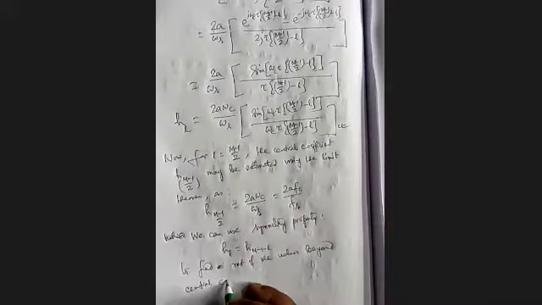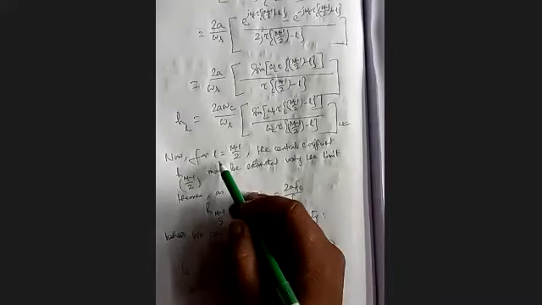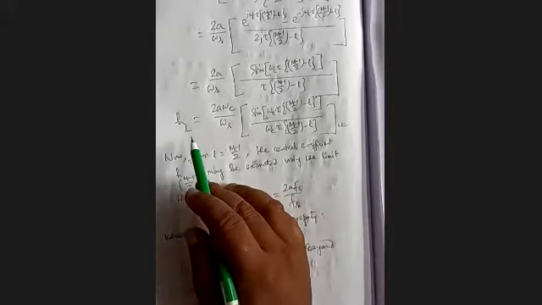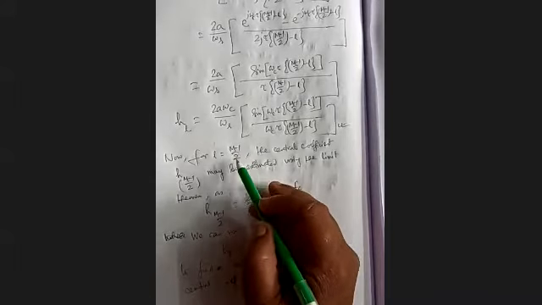It means what? First we'll put L equal to 0, we'll get H0, L equal to 1, H1, L equal to 2, H2. This way, we will find out the values up to L equal to m minus 1 by 2, the middle value.